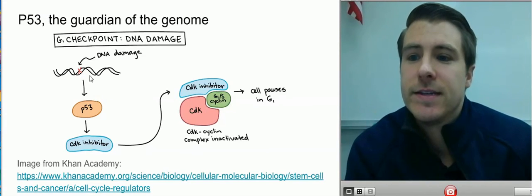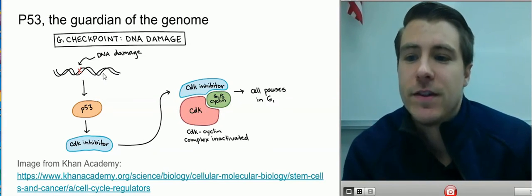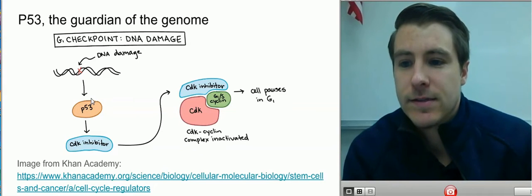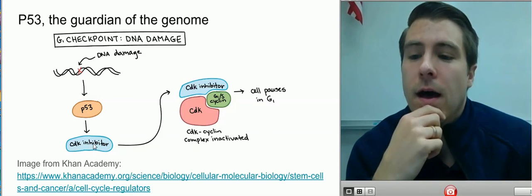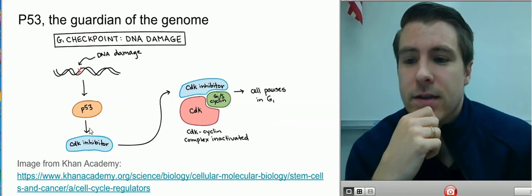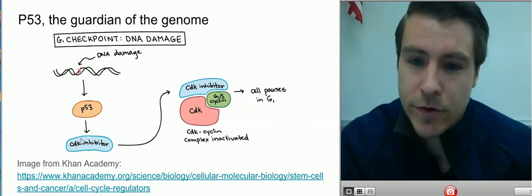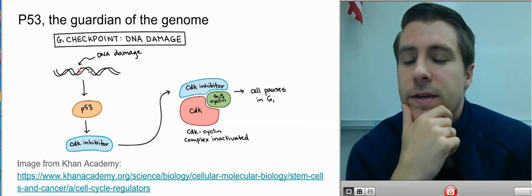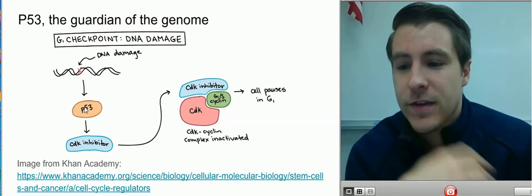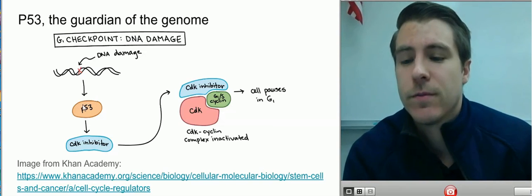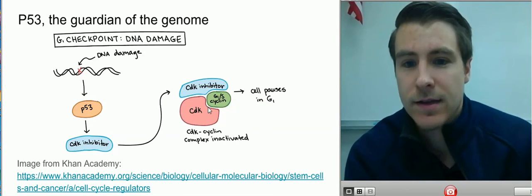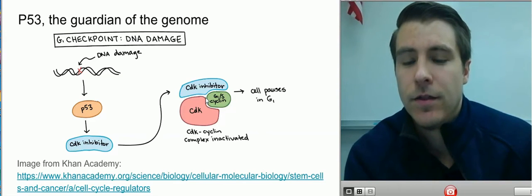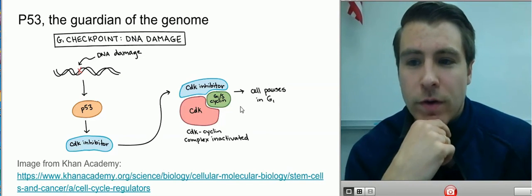And so if DNA damage is present, p53 gets activated, and it will go and initiate the CDK inhibitor. Okay? And so when DNA damage is present, p53 gets produced. p53 then activates the inhibitor, which goes and blocks the G1 phase from going forward.